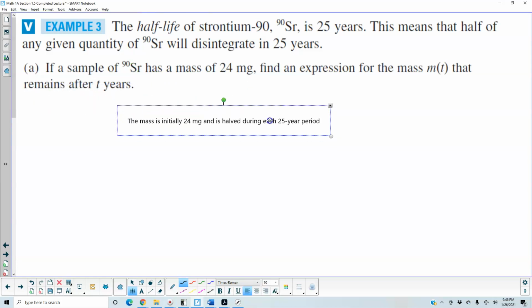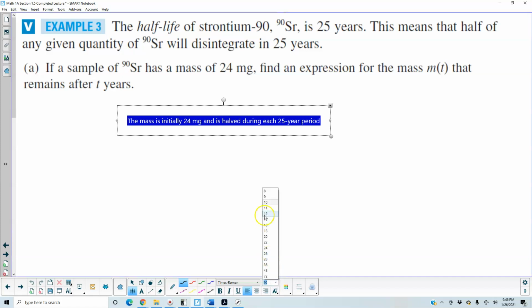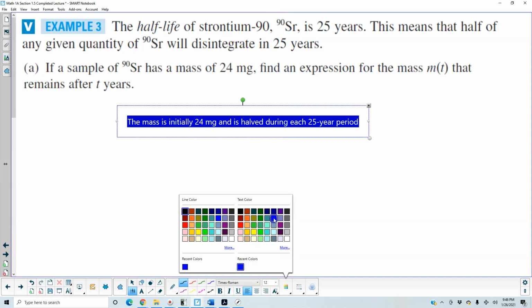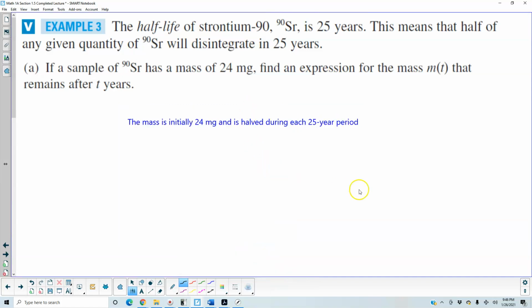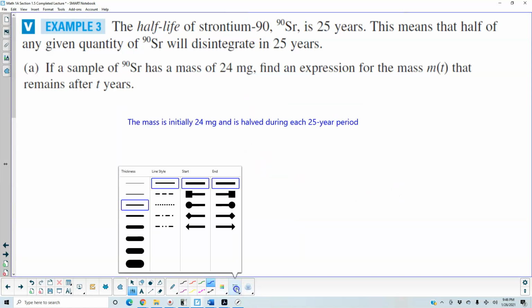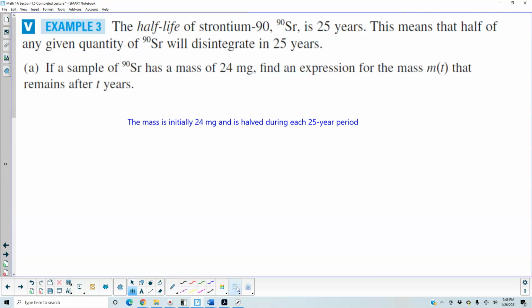So, first things first. We know that the mass is initially 24 grams and is halved during each 25-year period. So what does that mean? Well, that means that initially, the mass when the time is at 0 is 24.